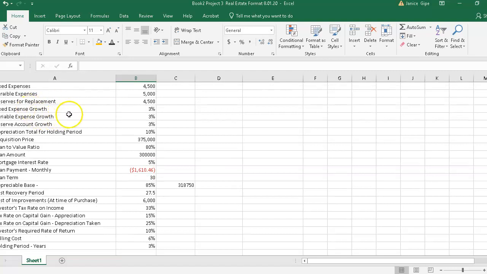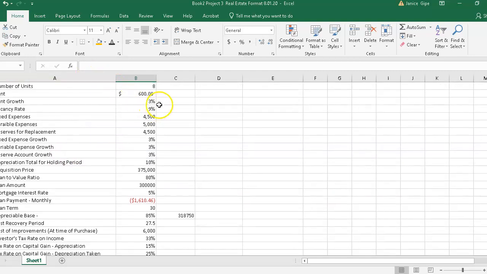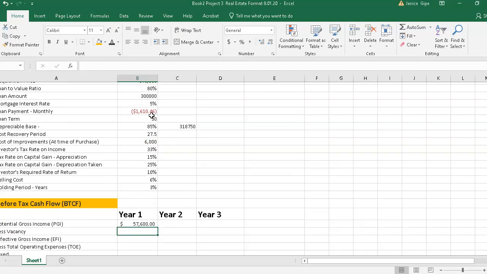And of course, we see that rent growth has a 3% growth rate.